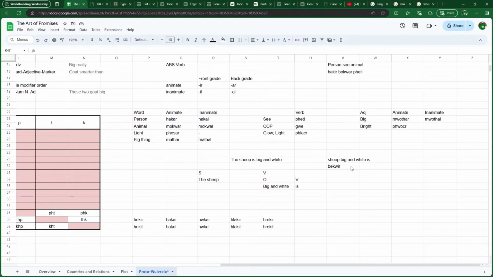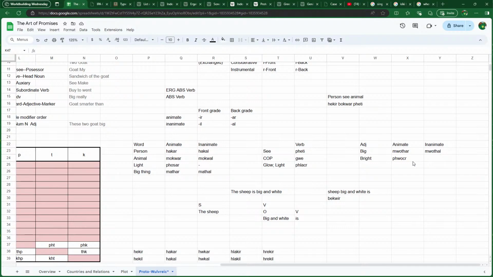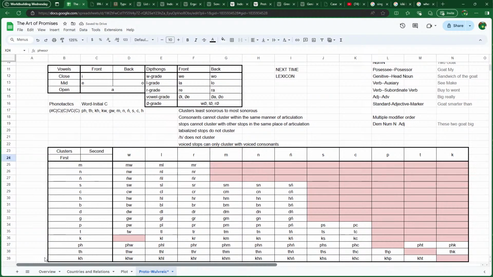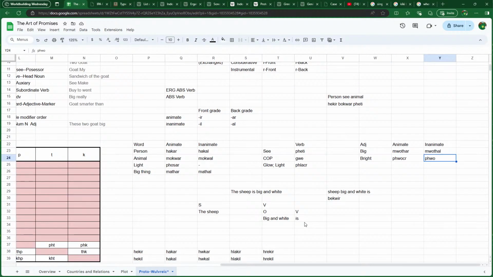Anyway, where was I going with this? There's no inanimate form of Quoshra. Actually, there should be an inanimate form of Quoshra. And here's where the funny things come in. Because at this point in the language, we are not capturing when language first started happening in this world.